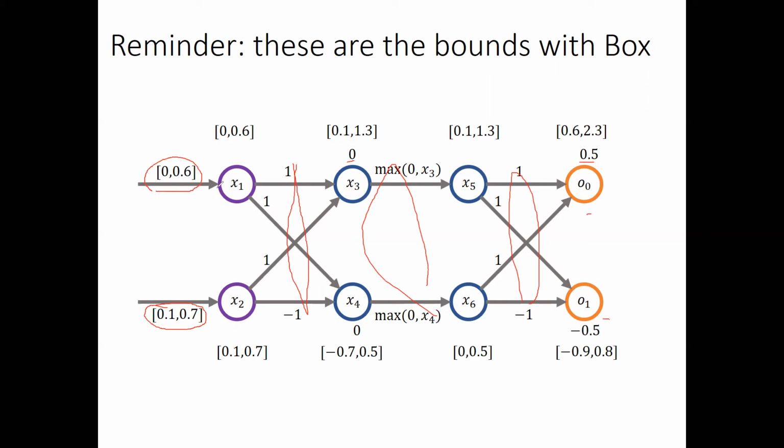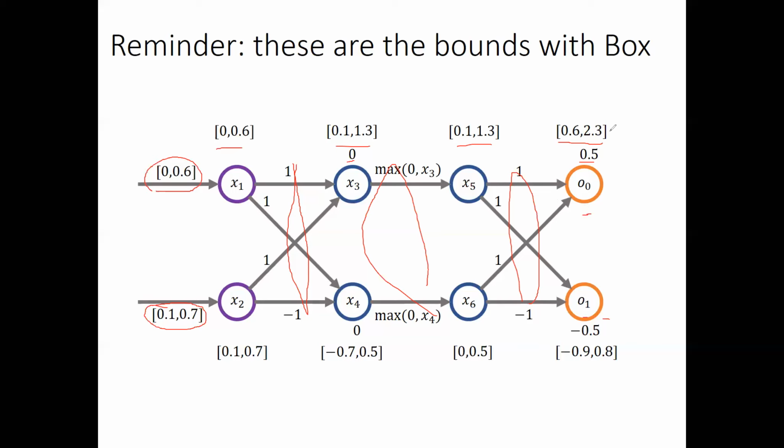We took the network, we ran the box relaxation, we computed the lower and upper bounds for every neuron, and now we're going to use this to encode the entire MILP problem to try and prove that the values for O0 are always greater than the values of O1.